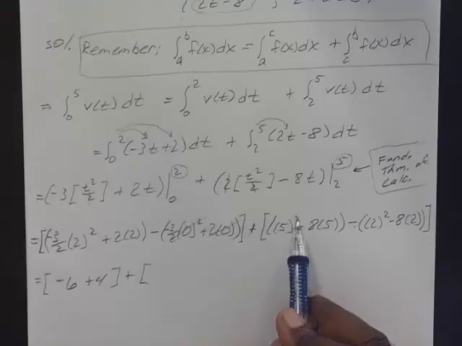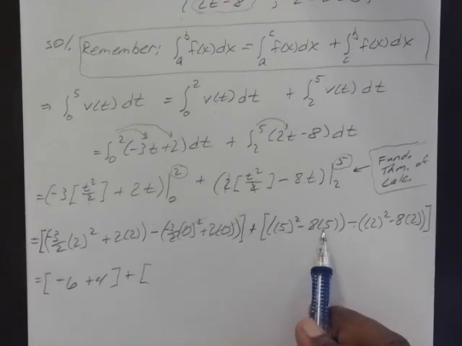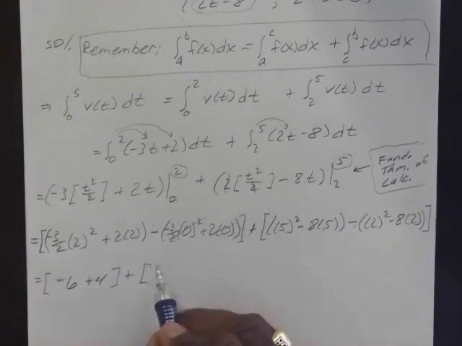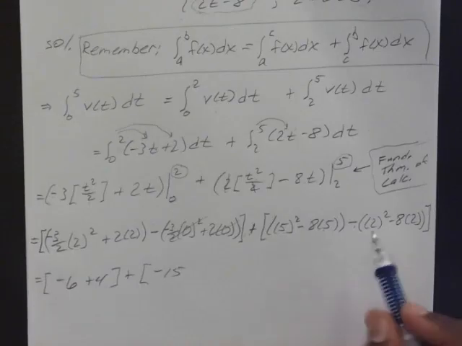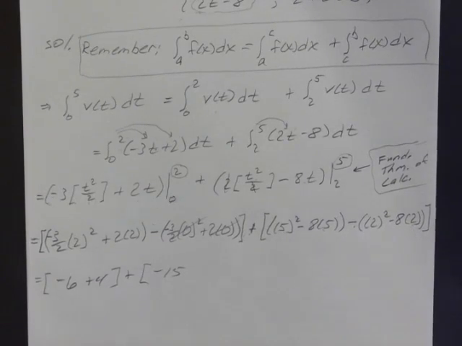Okay, so we have 5 squared, which is 25, minus 8 times 5, which is 40. So that gives us minus 15. Minus, we have 4 minus 16, which gives us negative 12.